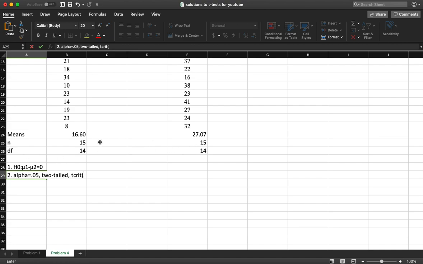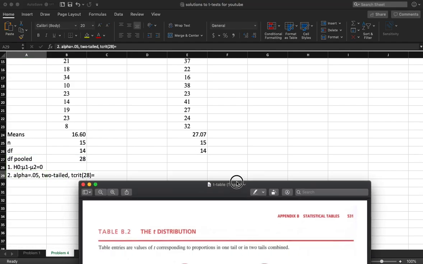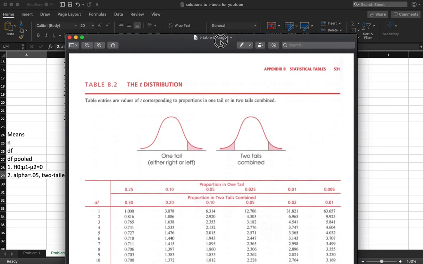I know it's going to be 14 and 14 is 28 degrees of freedom, and we'll look that up in the t table, just to be sure. I'm going to do df pooled right here, so it's df1 plus df2 equals our pooled degrees of freedom. It is 28, of course. So let's look that up in the t table.